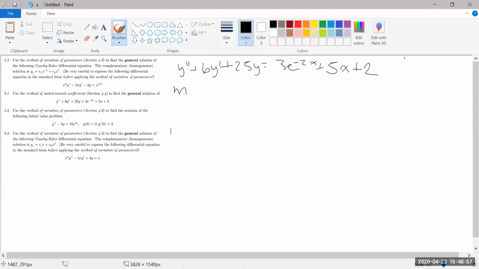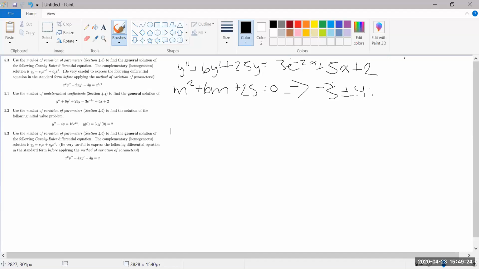So our auxiliary equation looks like this. And this does not factor into anything nice and easy and fun, but when you do factor this, you should get -3 plus or minus 4i. If you don't, let me know, and we can go over how to use auxiliary equations again.